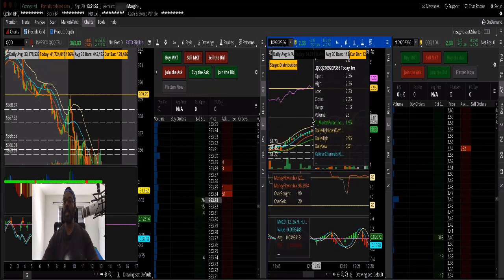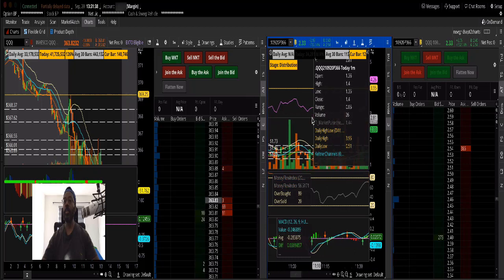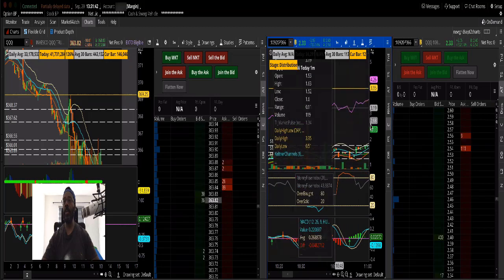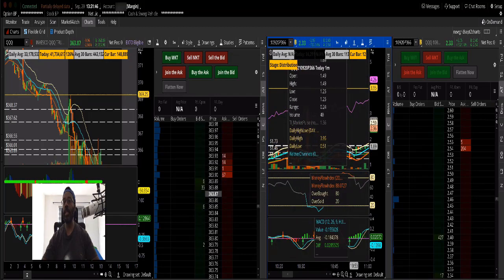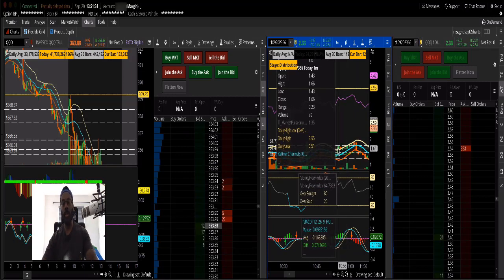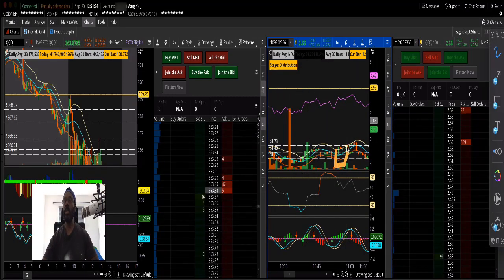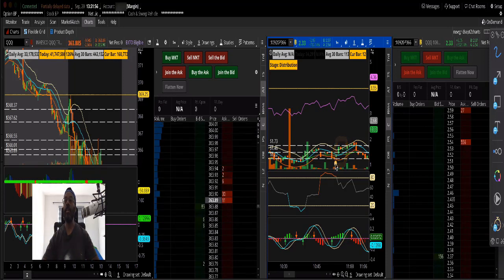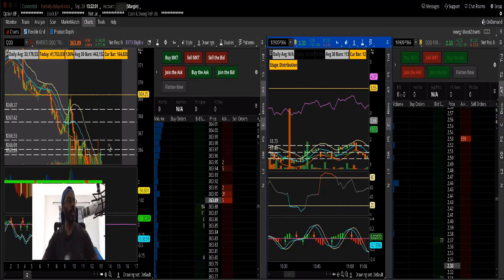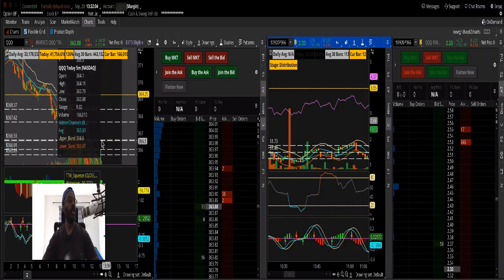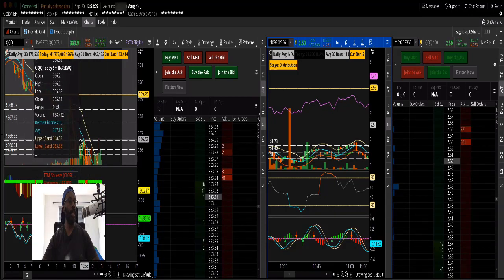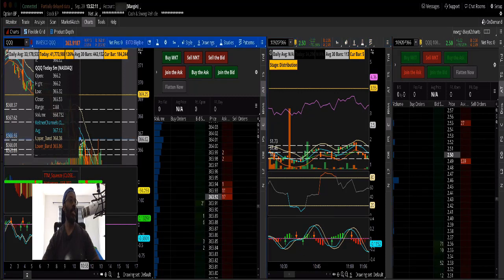What time is it? 10:56. So that you see what's going on here, 10:56. Roughly right around this area right here. Let me move this over here. 10:56, this is when I took my trade, right here. So let's go over to 10:56 on the chart so you see the price action. 10:55, yeah, that's close enough.